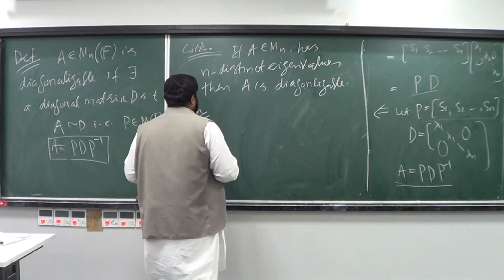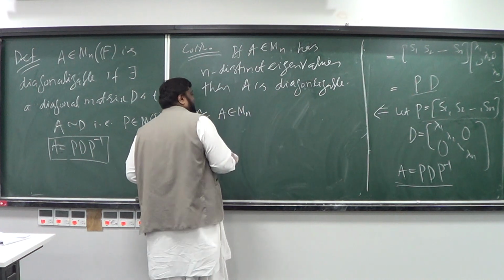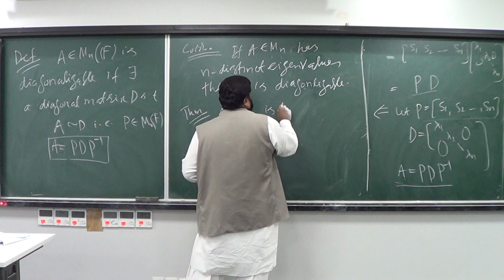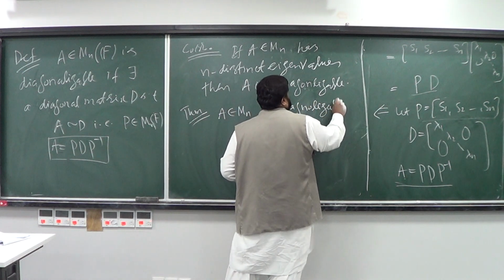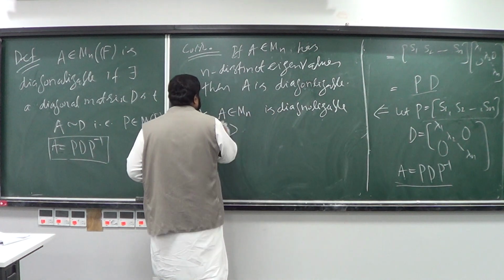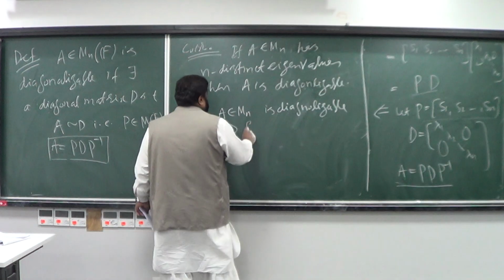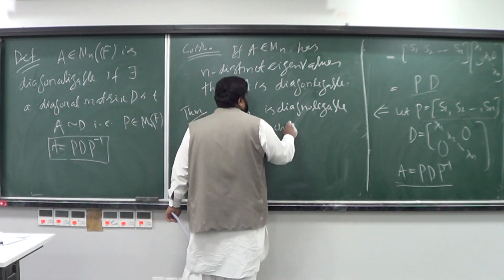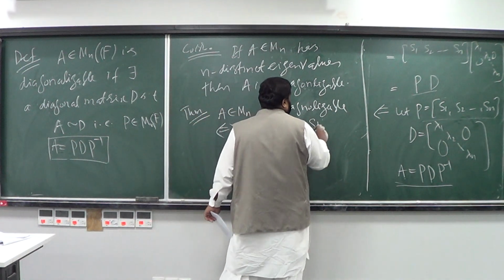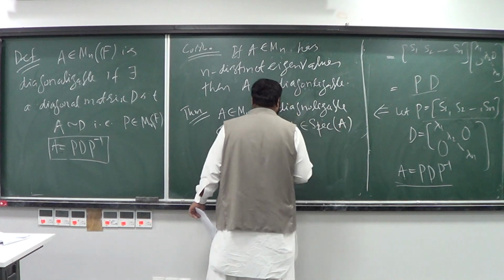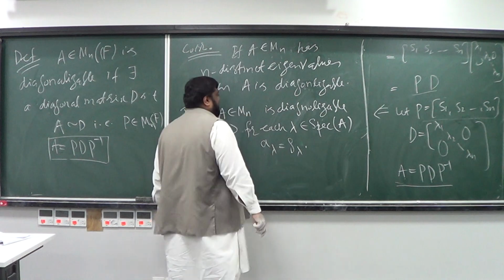The condition is that a square matrix A of order n is diagonalizable if and only if for each lambda, which is an eigenvalue of the matrix A, the algebraic multiplicity is equal to the geometric multiplicity.